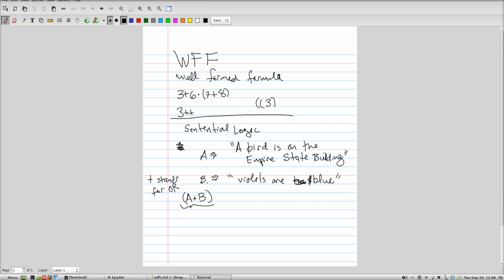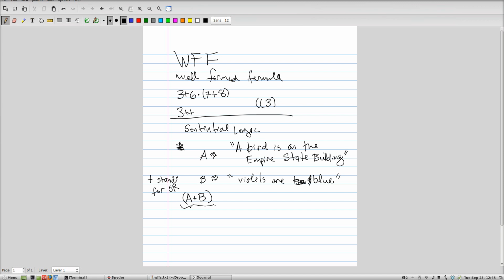See, B is definitely false, but A could be true or false. I don't know if it's true or false right now. Sometimes it's true, sometimes it's false. But this is something that could either be true or false. And so I just introduced the plus operator, which is going to stand for disjunction or.